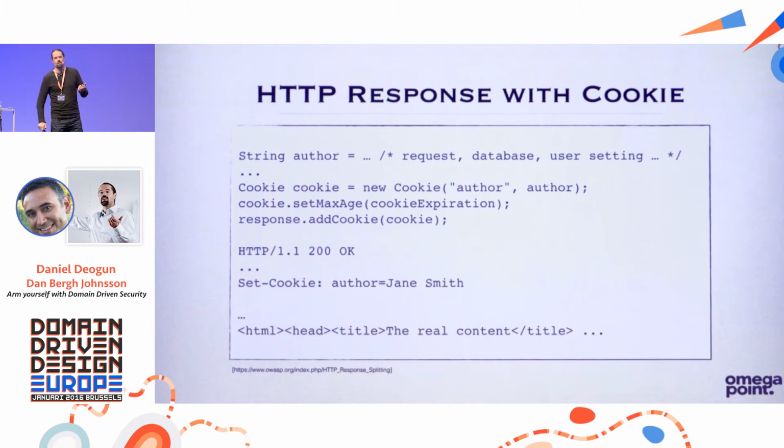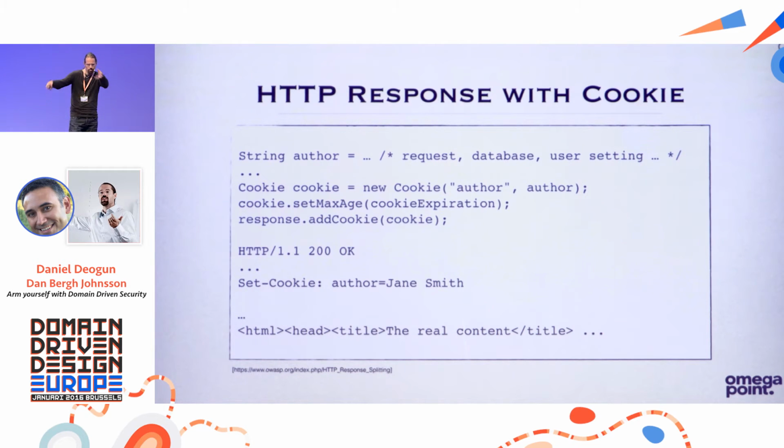In this example, we got a cookie that is on a site where you read articles. And the cookie is trying to keep track of which author you're interested in. So, for example, I'm interested in the writings of Jane Smith. I have that somewhere in the database, in the session, in the user settings, it's on the response, somewhere.